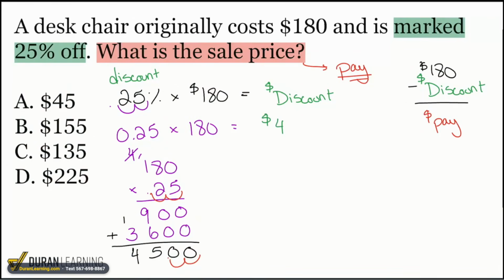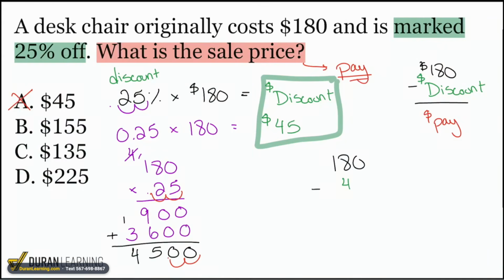So everyone, this $45 is, again, the discount amount. This is not the correct final answer. The correct answer is not A. The reason is because, again, to get what we pay, we have to subtract that discount. So now I can get the final answer here: 180 minus the 45 that I have.